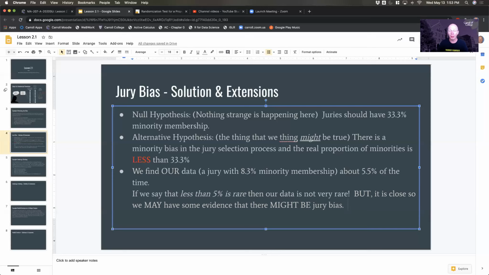And under random chance, about 5.5% of juries will actually have only one minority juror, even though the population has a full third minorities. That's pretty rare, so it might be that we have some bias.